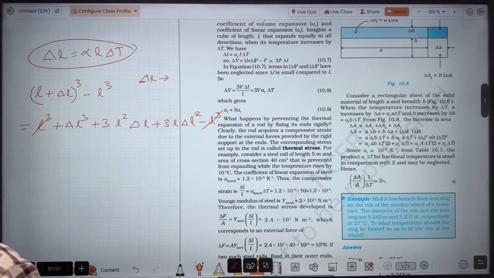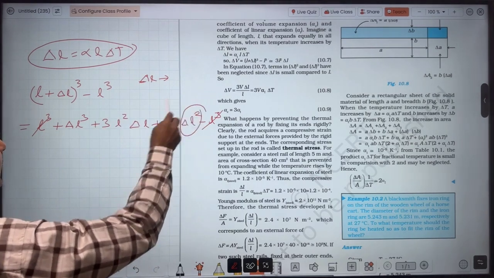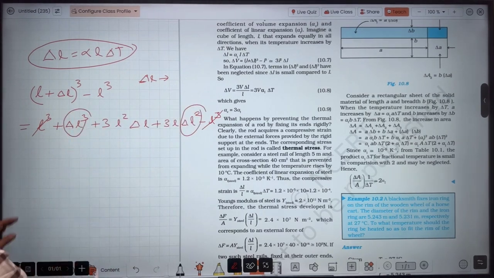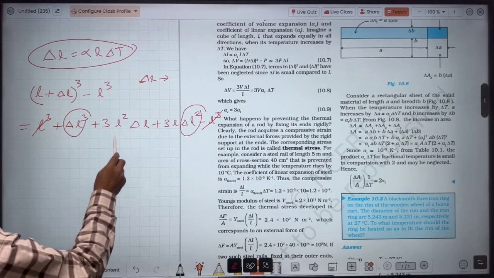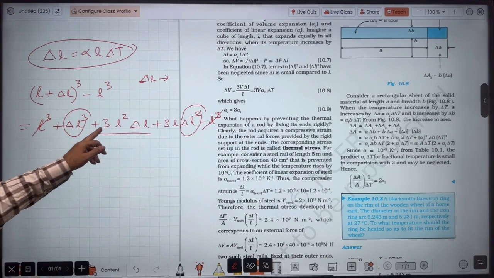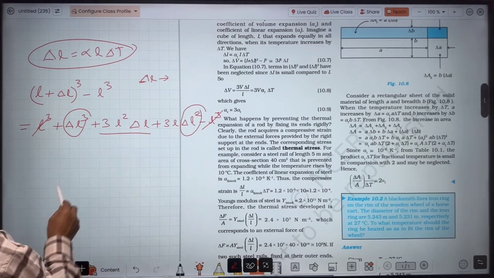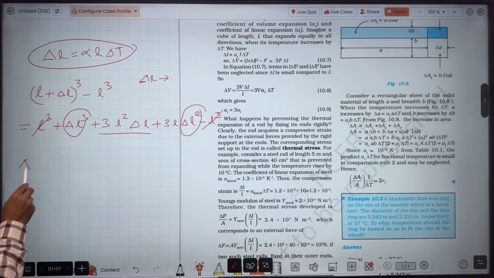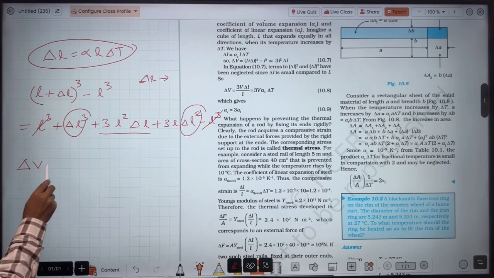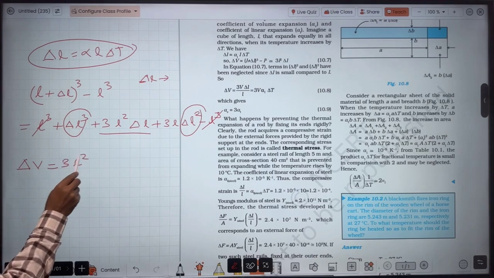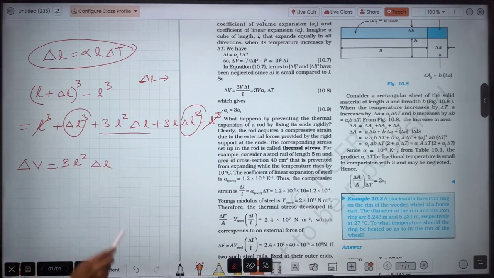If delta L is small, then its higher powers will be too small, so we can neglect them. Then what is left is 3L square delta L. So the change in volume, delta V, is 3L square delta L.